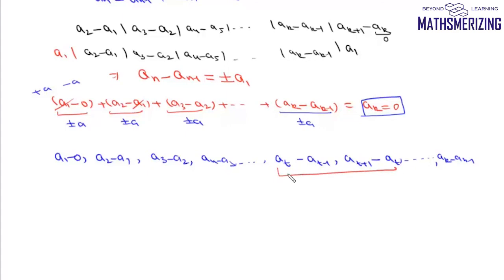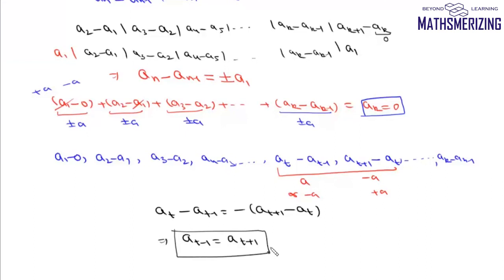That means there must be at least one pair where one expression is positive and the other is negative, say plus a and minus a, or minus a and plus a. So at least two neighboring expressions will have different signs. From here we can write at minus at-1 equals minus of at+1 minus at. Now at will cancel, so at-1 must be equal to at+1.